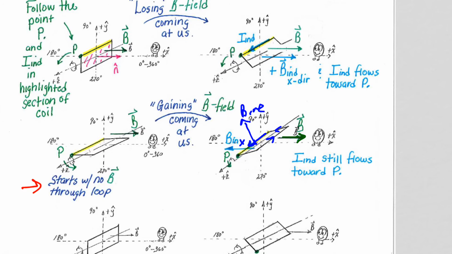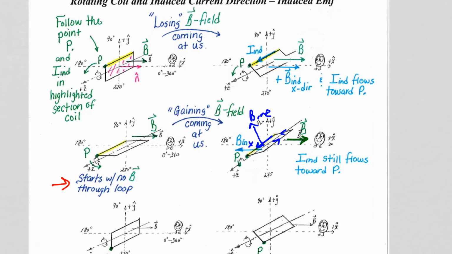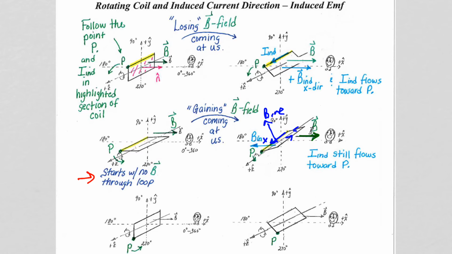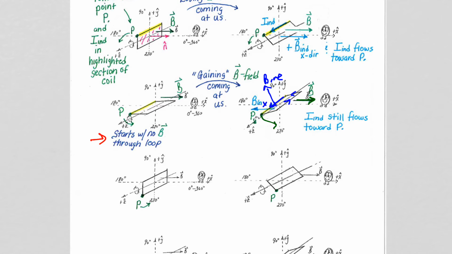I know this is a little tricky in terms of you have to really step back and think about it. But now the point P is rotated down here, and our new initial state that we're going to analyze is the point P is down here. So I guess I lost my highlighted section here, but the highlighted section is still down here at the bottom.